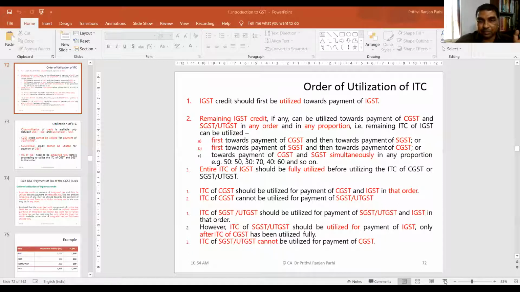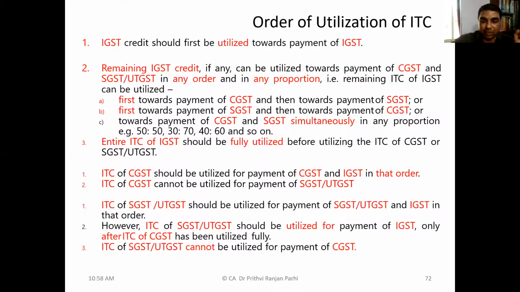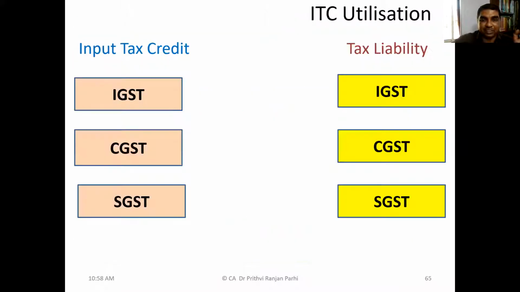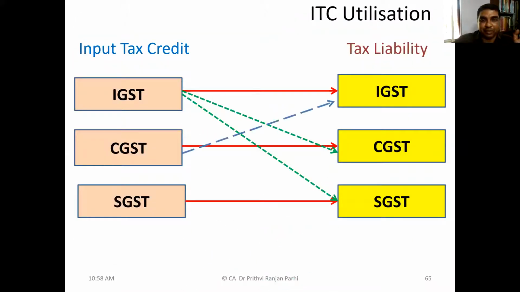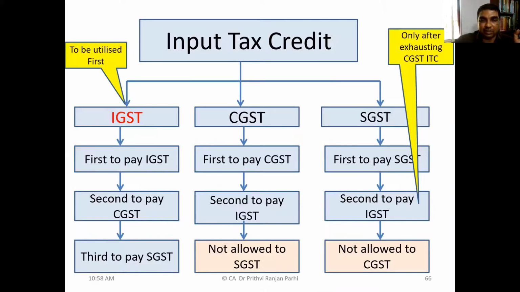So to summarize all these things, we had seen this particular chart. I will be showing you that chart once again. This is the theory we had seen: what is the order of utilization of CGST, SGST? This is the chart you have to remember.